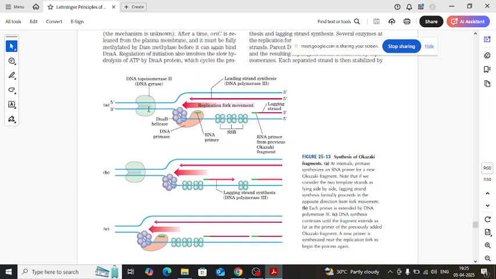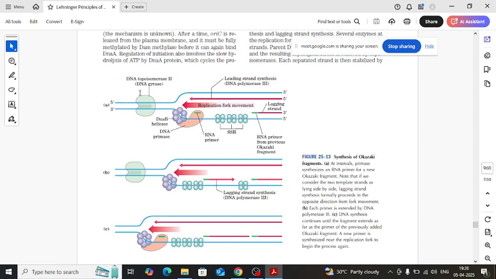So suppose this is your parental DNA, then this DNA topoisomerase 2 or DNA gyrase will first come and bind here. Then, as we saw, DNA helicase will be recruited and it will start melting this fork, right, so that the replication fork will start to move in this direction.